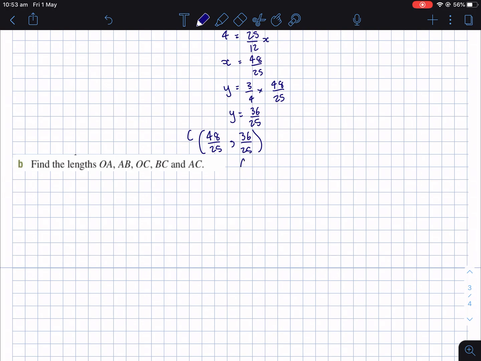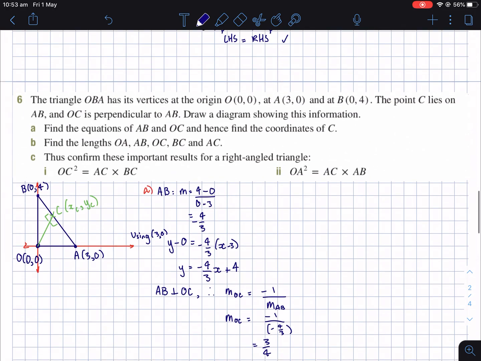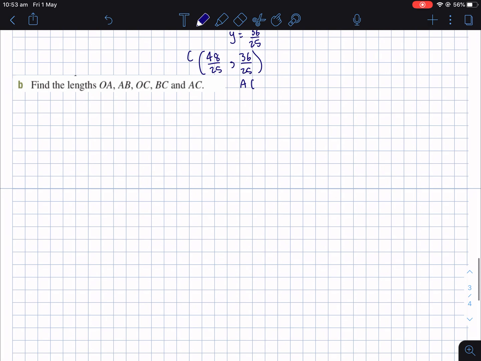So I'm just going to remind myself, A is the point 3, 0. B is the point 0, 4. O is the point 0, 0. And C is the point 48 over 25, 36 over 25. One of these does not belong with the rest. Okay, so let's find OA.